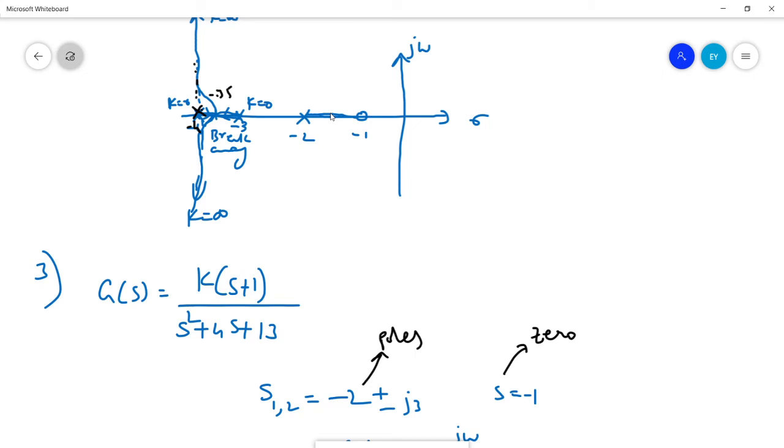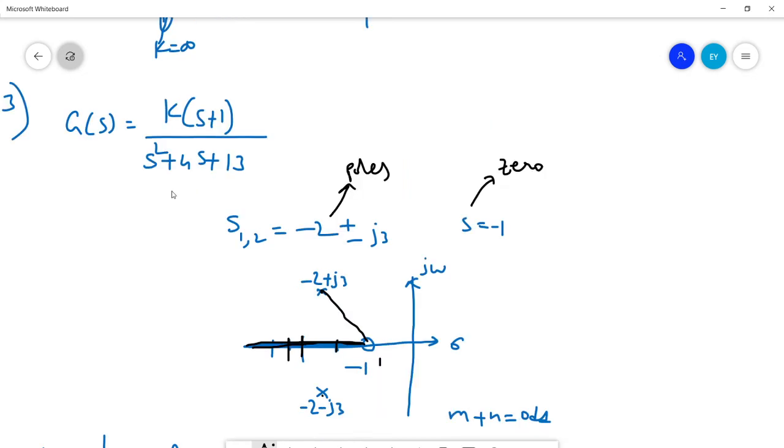Third example, G(s) = K(s + 1) divided by (s² + 4s + 13). If you find the poles and zeros, the poles are -2 ± 3j, and the zero is s = -1. From this, just locate the poles and zeros on the s-plane.